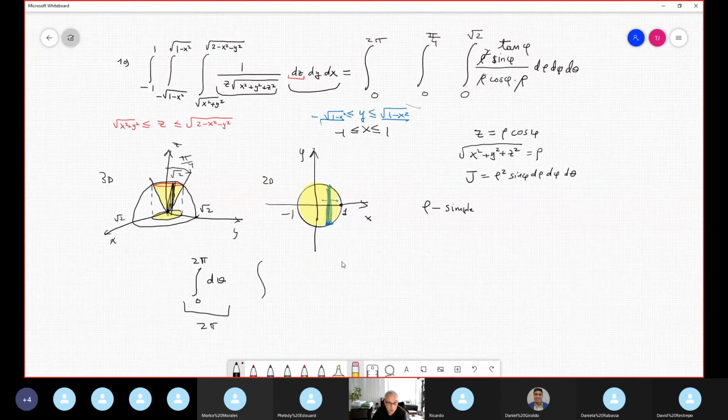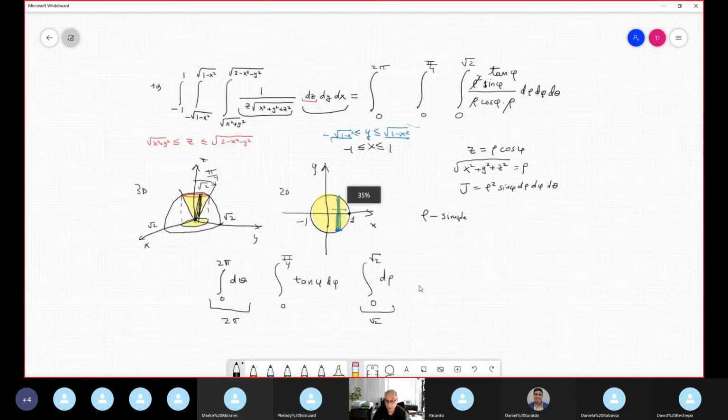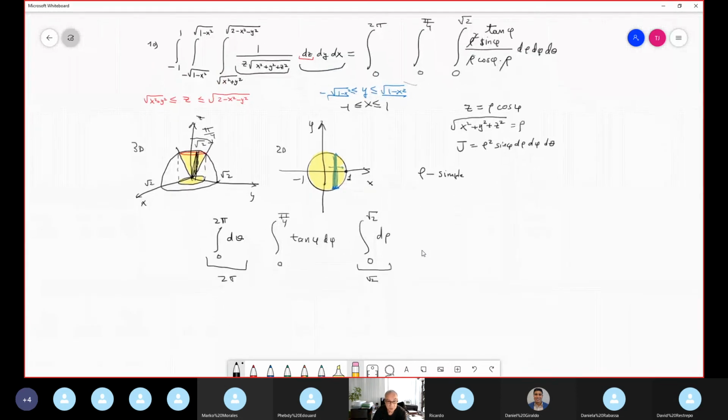Another integral, a little bit complicated, is from 0 to pi over 4, tangent phi d phi. And another integral is super easy, the integral from 0 to radical 2, d rho, just d rho, because remember, any rho is cancelled out. And the answer of this is radical 2, because the integral with respect to rho of d rho is rho evaluated between 0 and radical 2, which is radical 2.